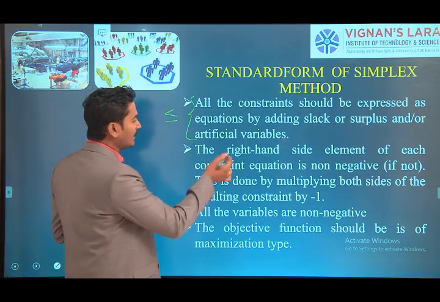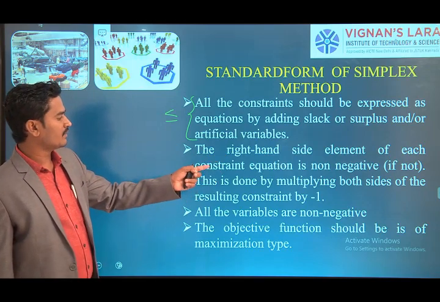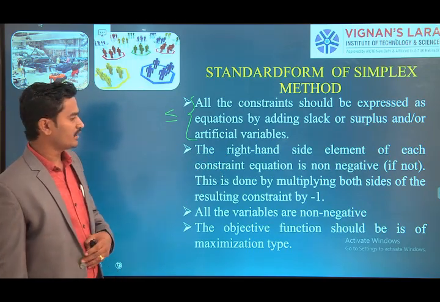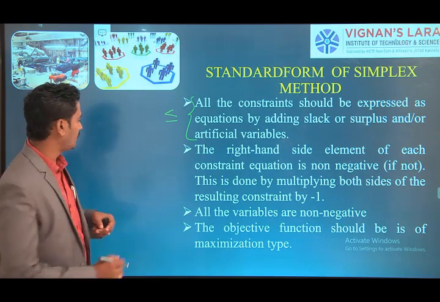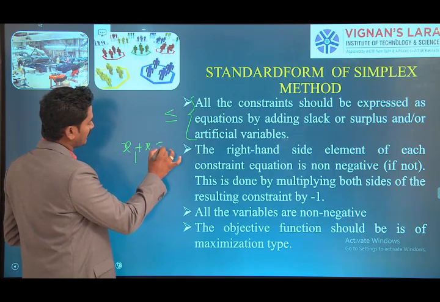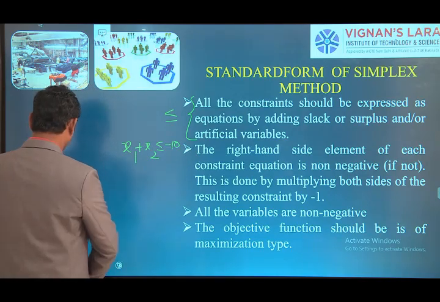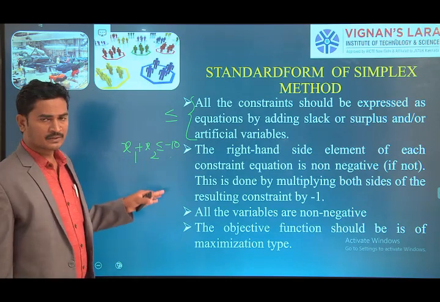Next, the right hand side of each constraint must be non-negative. If not, we convert it accordingly. Suppose x1 plus x2 less than or equal to -10 is given. Is it possible?